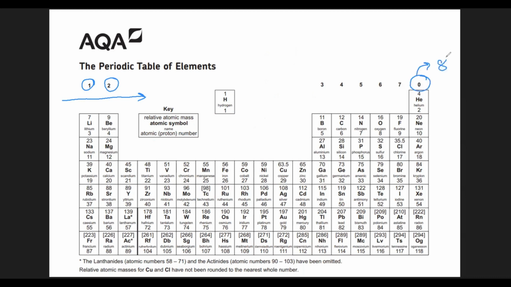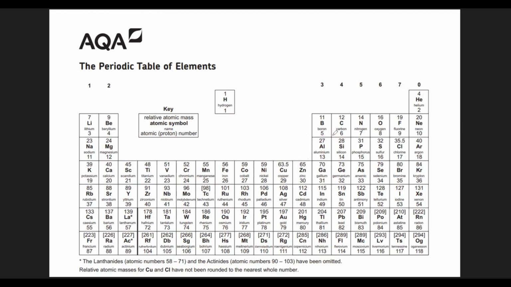So if you see it called group 8, they're the same thing. The group number tells us the amount of electrons in the outermost shell of our atom. Running horizontally, we have periods. Now, the period is the amount of shells in each atom. And period 1 starts with hydrogen and helium, then lithium to neon, and so on and so forth, all the way down.